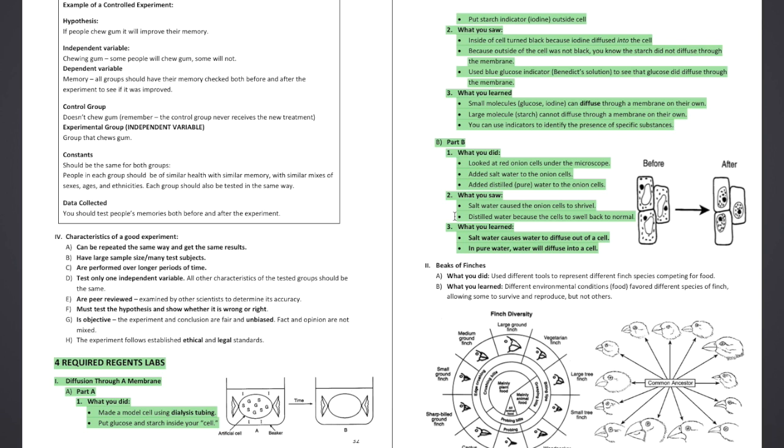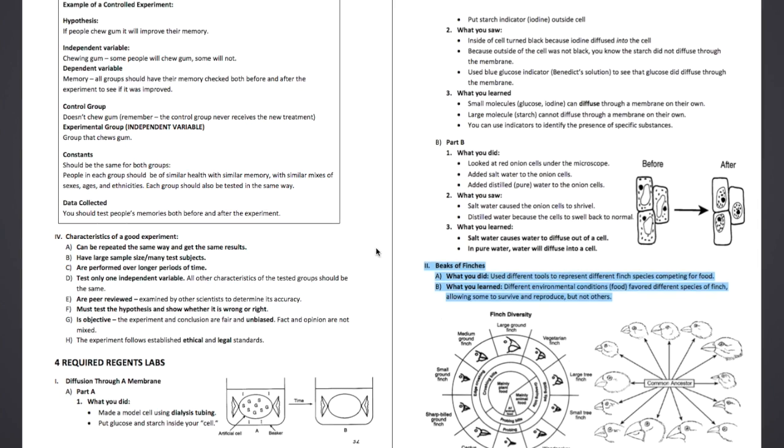Distilled water caused the cells to swell back to normal. 3. What you learned. Salt water causes water to diffuse out of a cell. In pure water, water will diffuse into a cell.